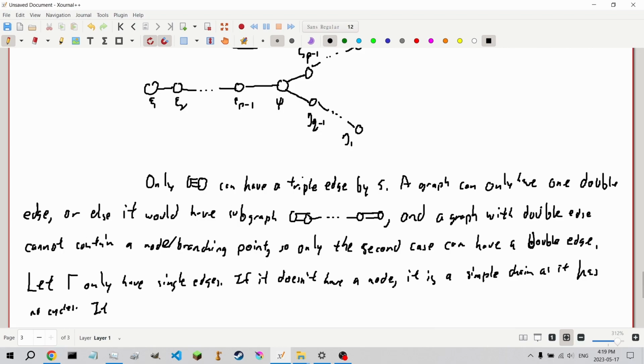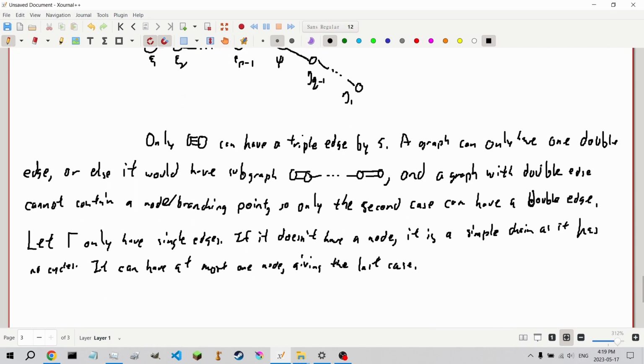It can have at most one node, giving the last case. And so these are our only possibilities.